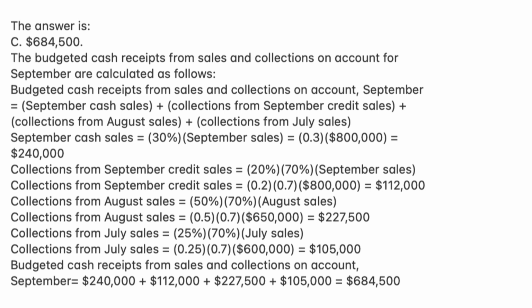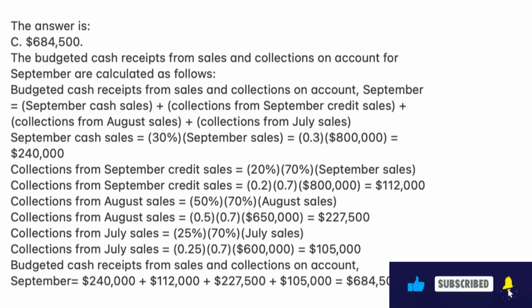Collections from August sales equals 50% of 70% of August sales, 0.5 times 0.7 times $650,000 equals $227,500. Collections from July sales equals 25% of 70% of July sales, 0.25 times 0.7 times $600,000 equals $105,000.